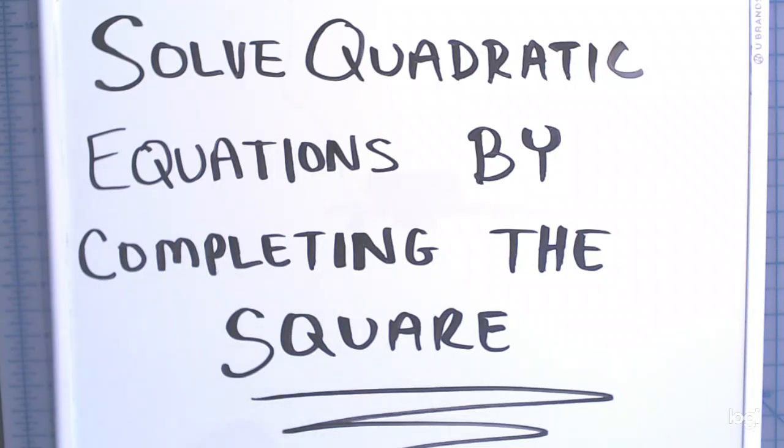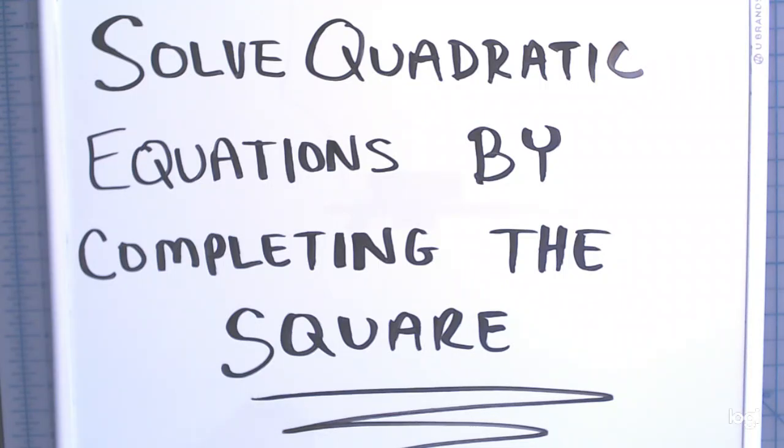Alright, so in a video prior to this I talked about what it means to complete the square on an expression in one variable, and what we're going to be seeing in this video are quadratic equations in one variable. That means your polynomials, where the highest degree of any of the terms is 2, or a square.